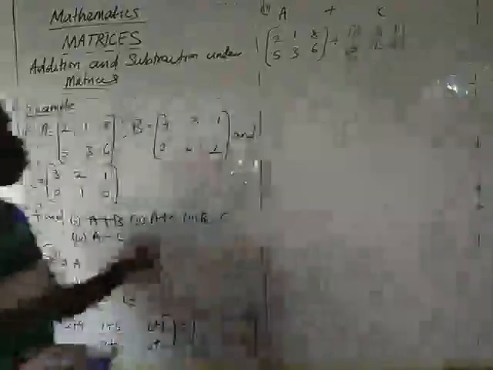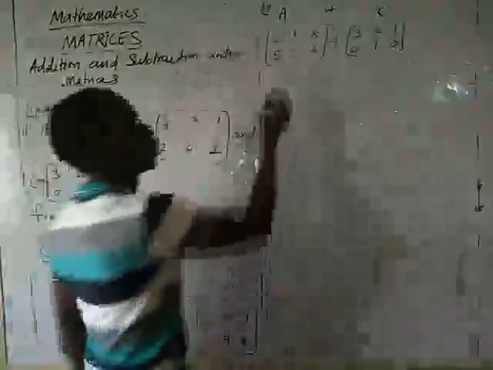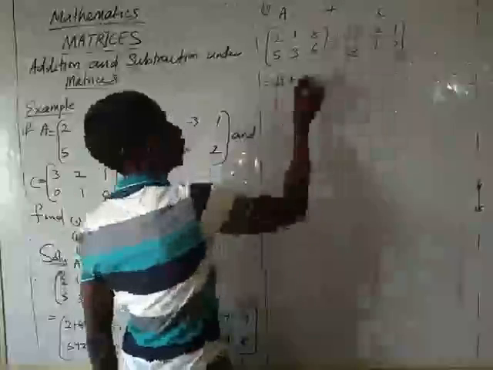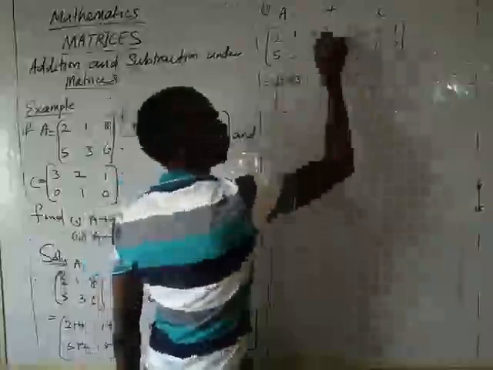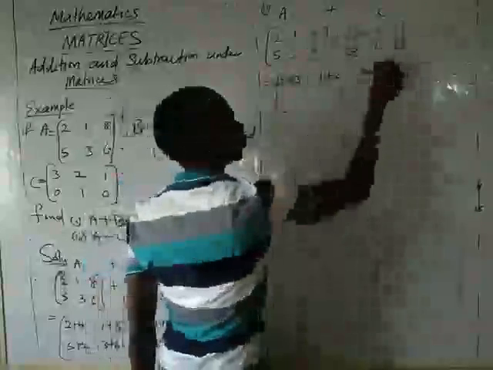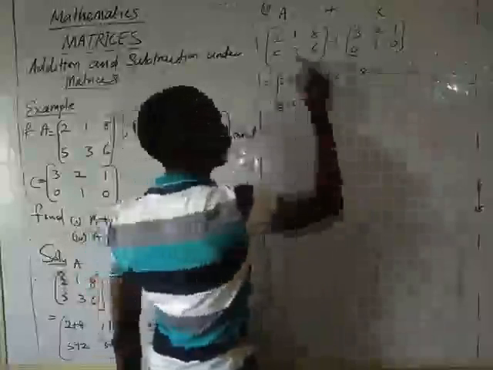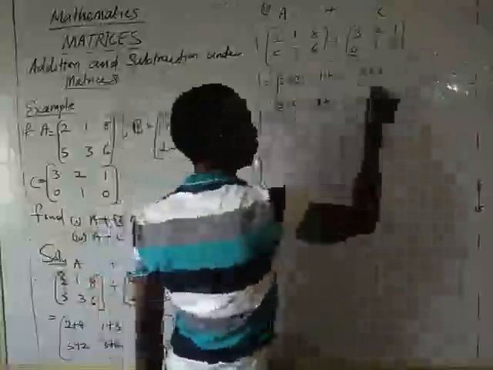So from what we have here, what do we do? Just like I've explained, each element will map onto a corresponding element from the other matrix. So I'll be having 2 plus 3, and 1 plus 2. Also 8 plus 1, then 5 plus 0, 3 plus 1, and 6 plus 0.